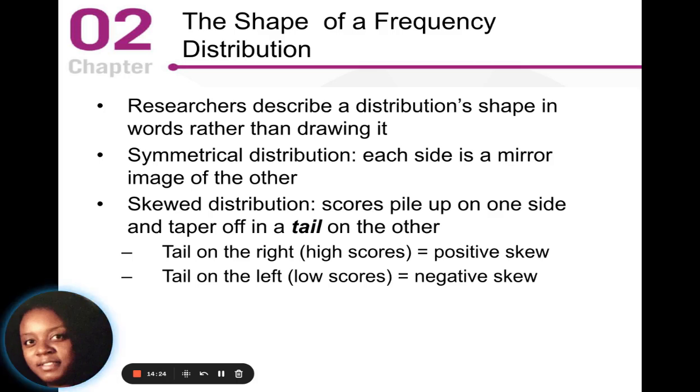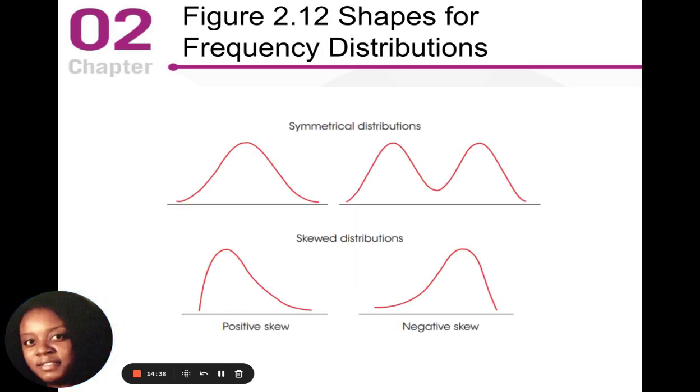So when the tail is on the right side, and all the scores are mostly high, that is a positive skew. And when the tail is on the left side with low scores, that is a negative skew. And here are some examples of positive skews and negative skews and what a symmetrical distribution would look like.